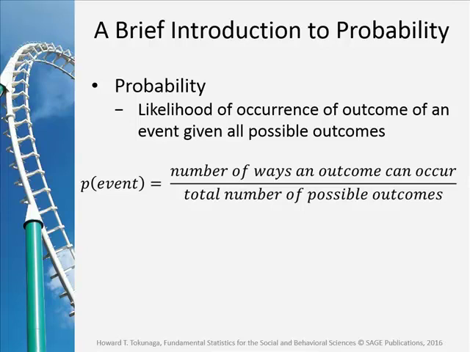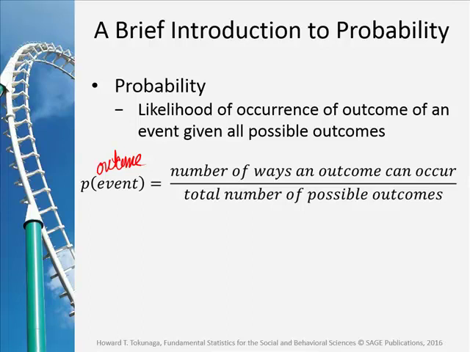And just a little refresher on probability theory. The probability of an outcome or an event is simply the representation of the number of ways in which that outcome can occur divided by all of the possible outcomes.